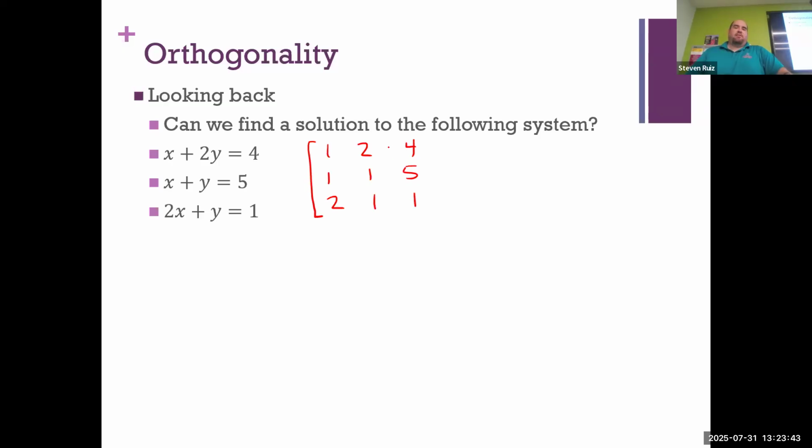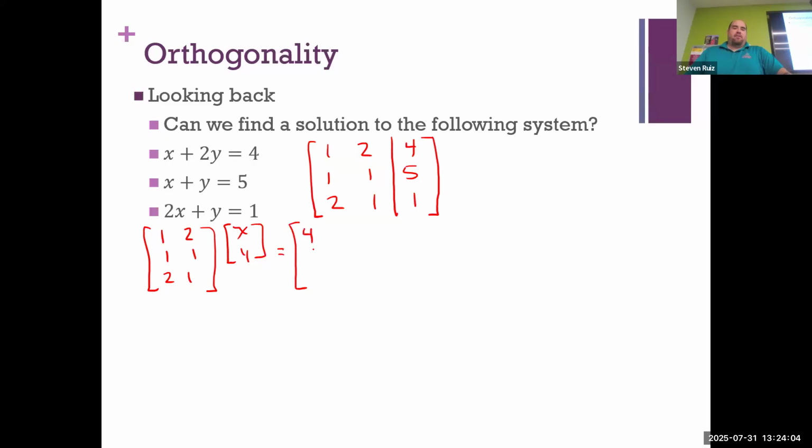Two. Right, so we can make an augmented matrix out of this. Let's also write down the unaugmented version of it: 1, 2, 1, 1, 2, 1 times x, y equals 4, 5, 1.